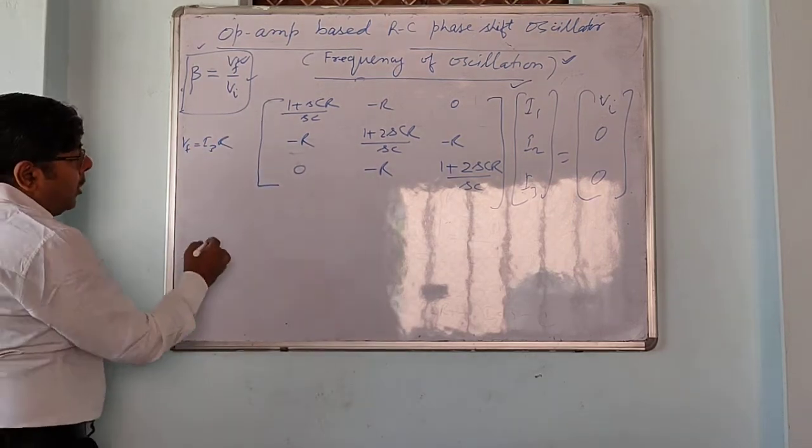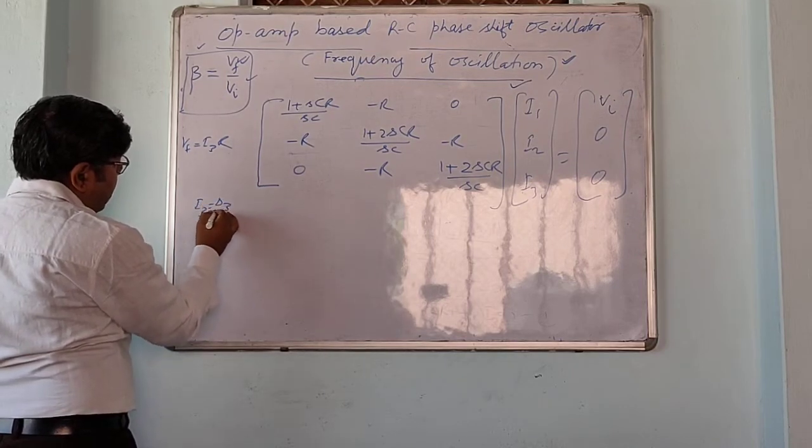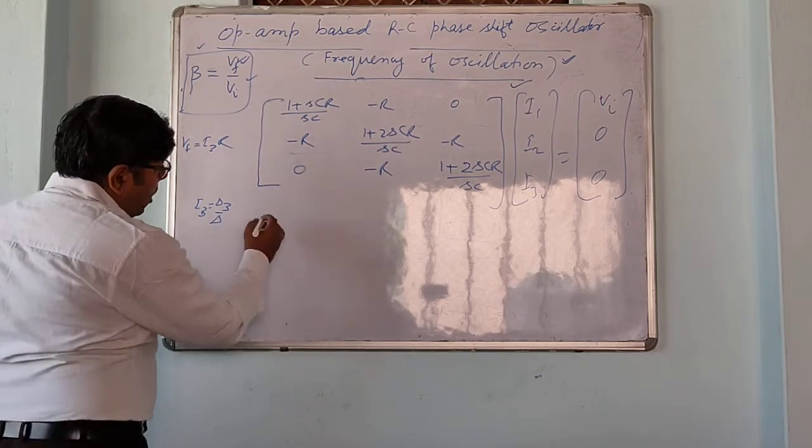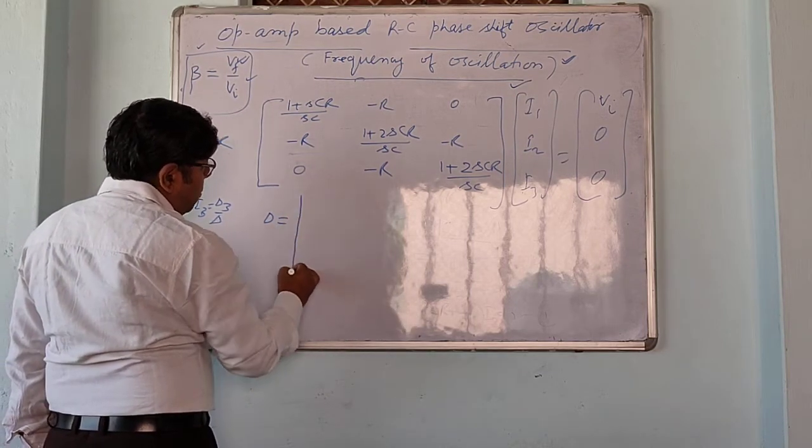So first you have to calculate I3, which is delta 3 upon delta. So now what is the value of delta? Delta is simply this value.